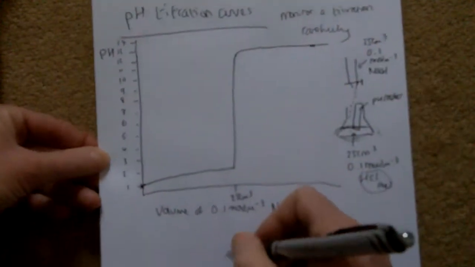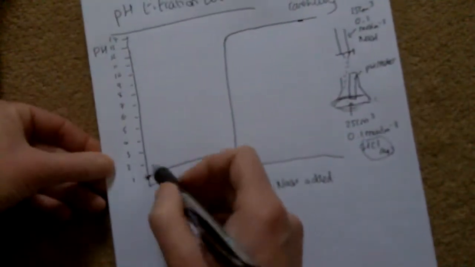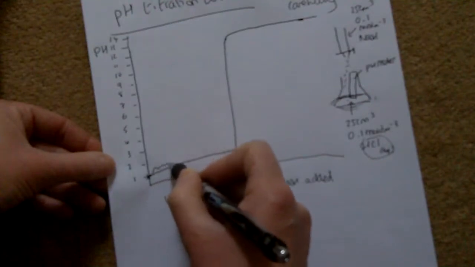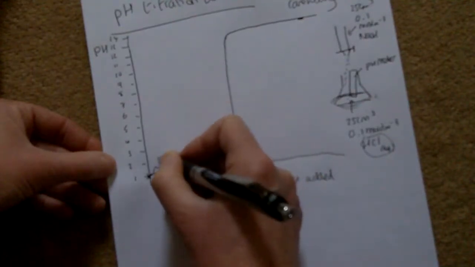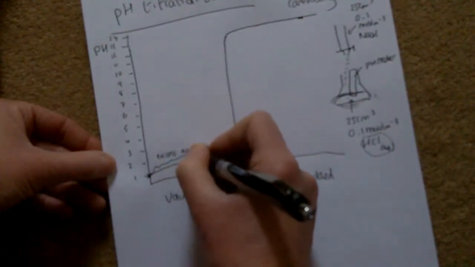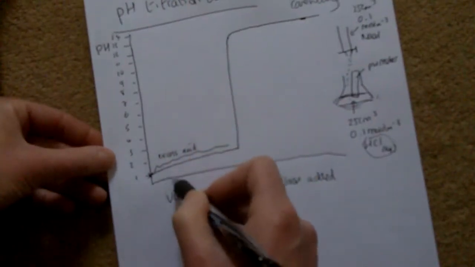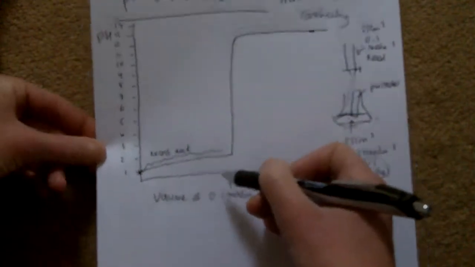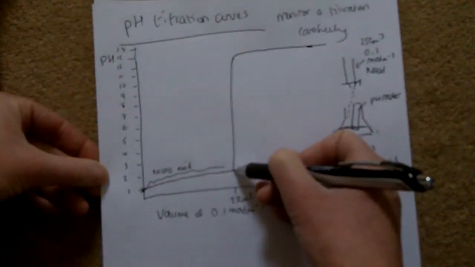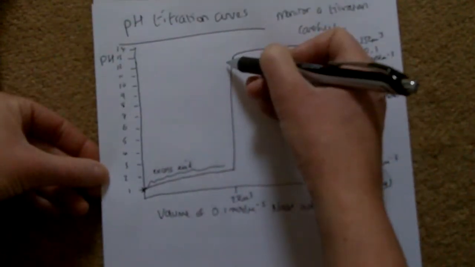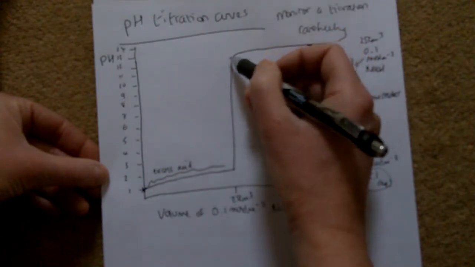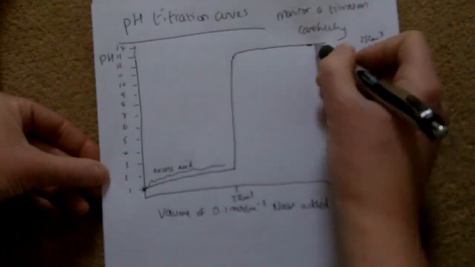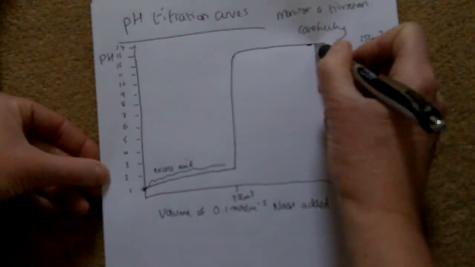So what you've got here is an excess of acid, and the pH is just gradually, very slightly increasing. Then one drop and neutralization happens, and the pH increases rapidly, and then you've just got your sodium hydroxide.